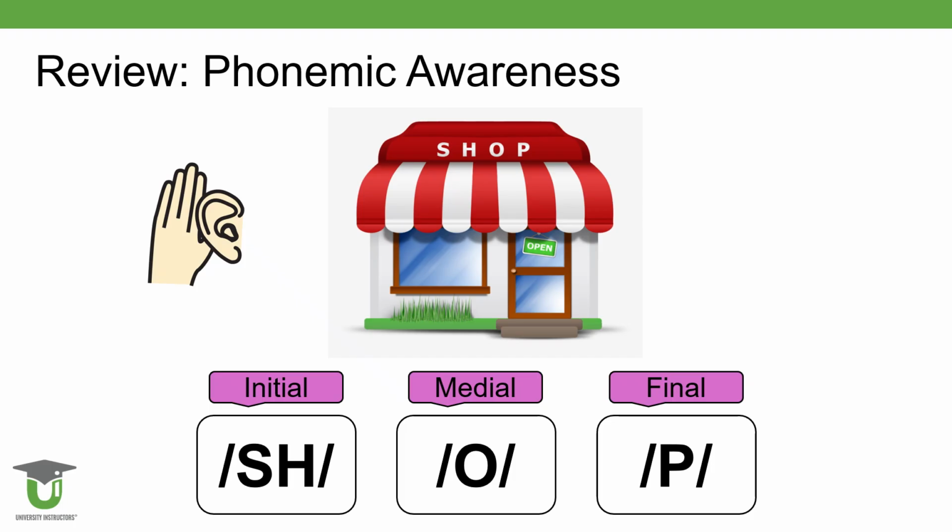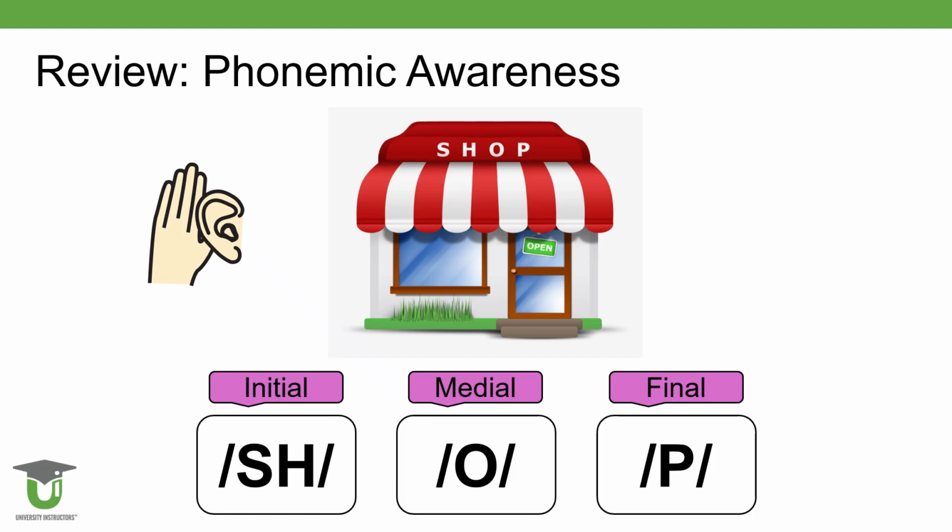Phonemic awareness is the ability to hear, identify, and manipulate individual phonemes or sounds in a word. This involves orally hearing and speaking the word before connecting any letters to the sounds. For example, in the word shop, there are 3 sounds: sh, ah, p. Even though the sh has 2 letters, it makes 1 sound, or phoneme.